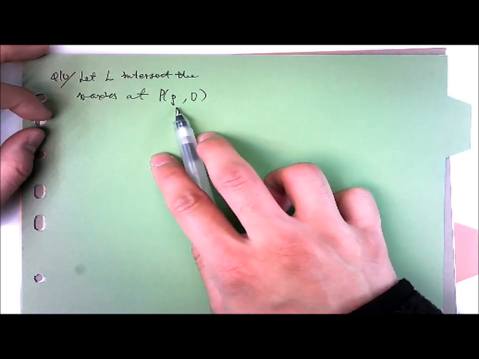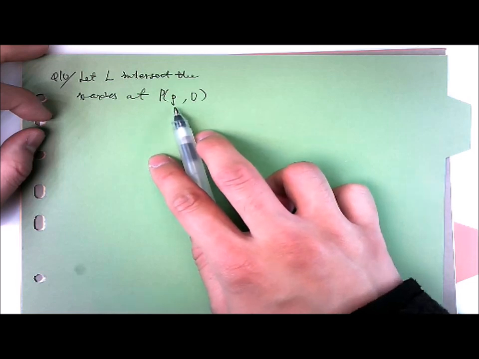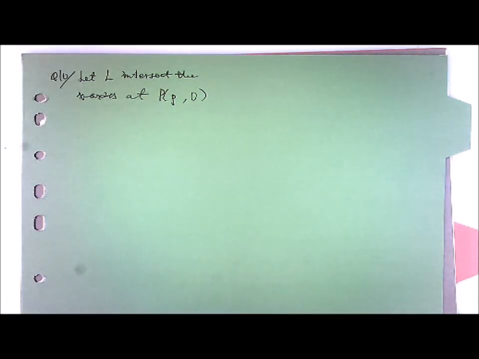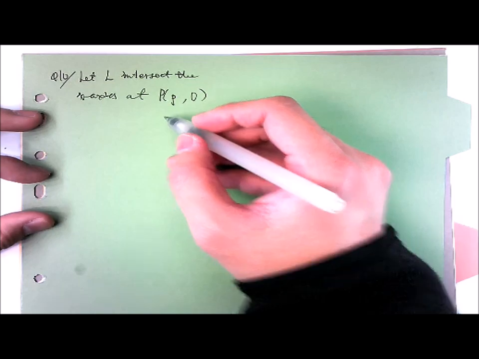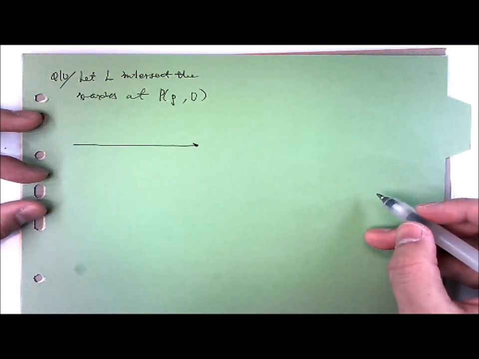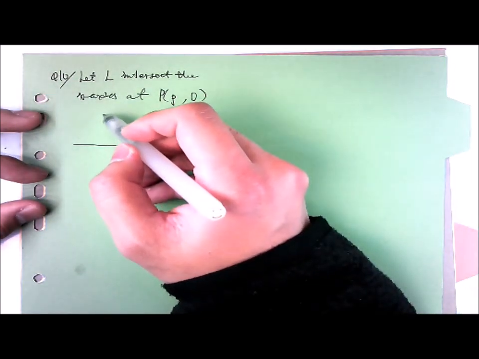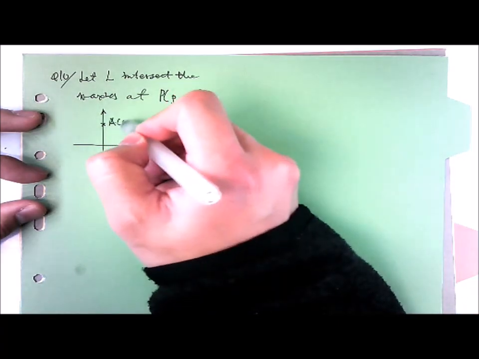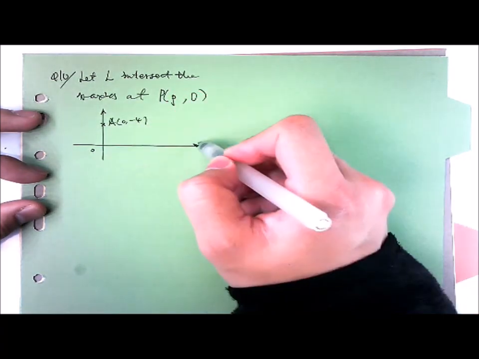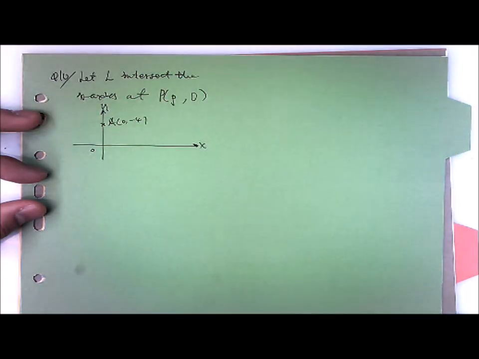This is the x-intercept of L. If you use a graph, you can try to mark a graph. A is 0, minus 4. We don't know, let's say it's here. This is A.